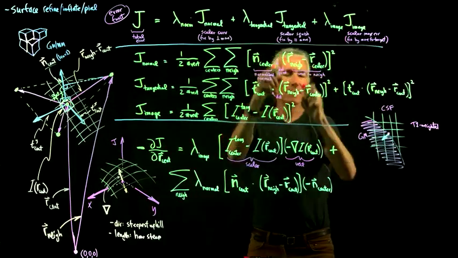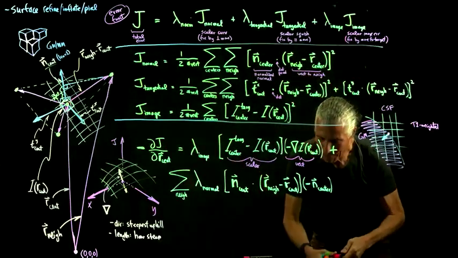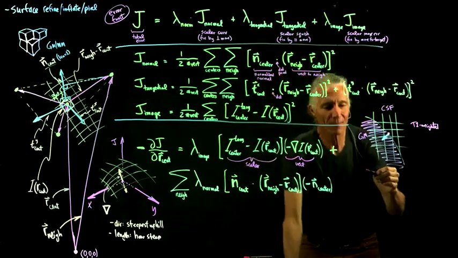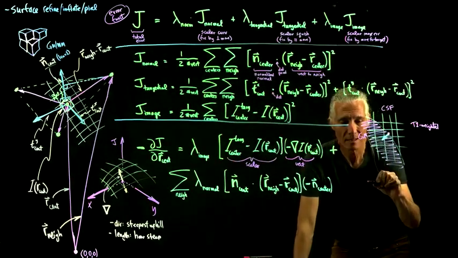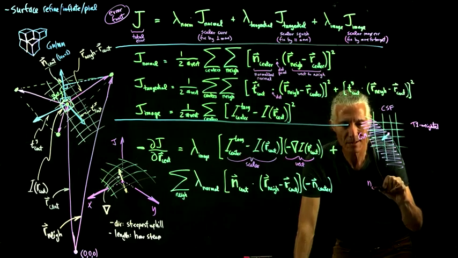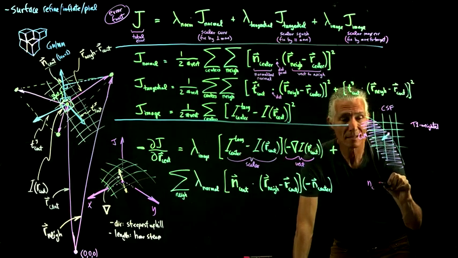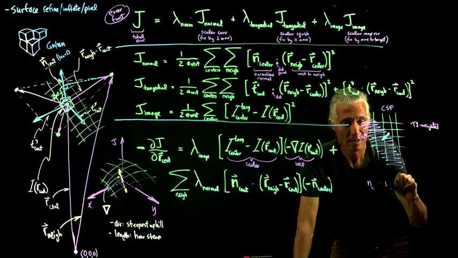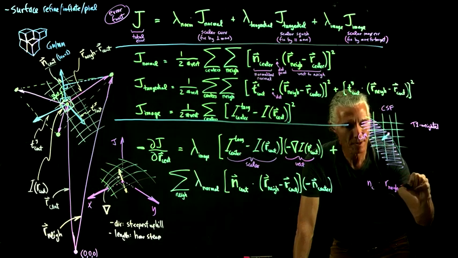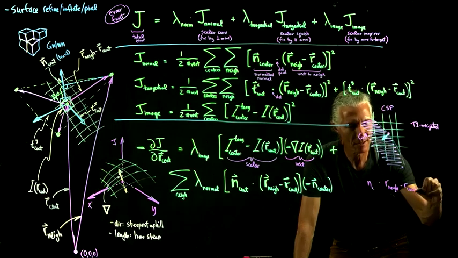So one way of thinking of it is, what did we have up there before? So we had the n center dot producted with the r neighbor minus r center.